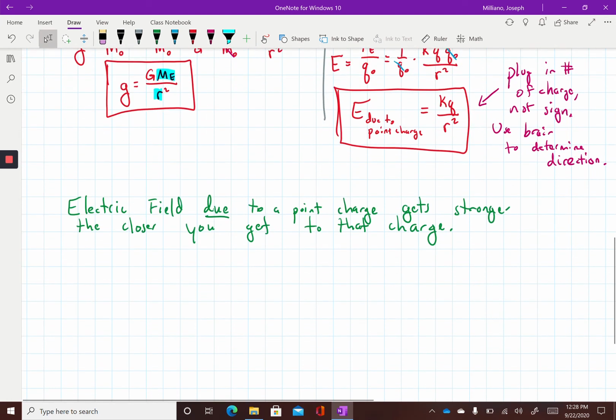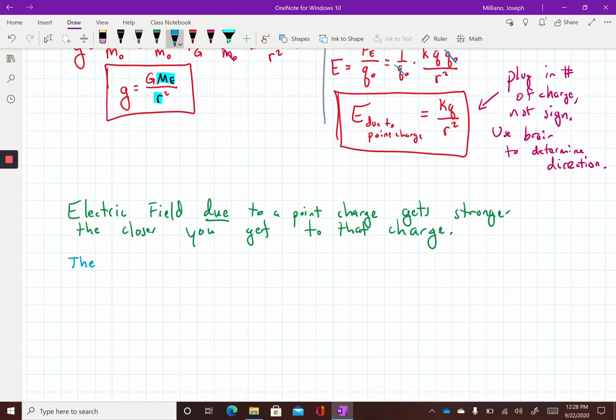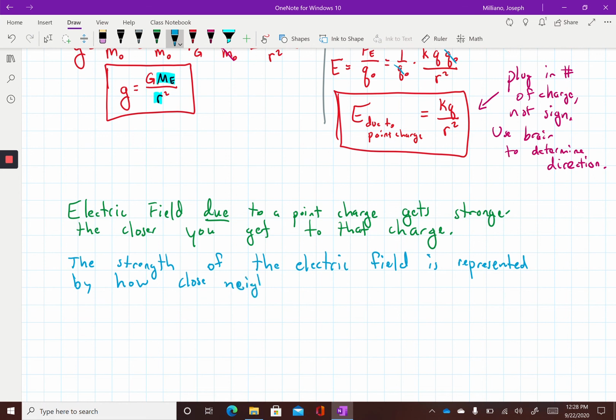And so the strength of the electric field is represented by how close neighboring electric field lines are.